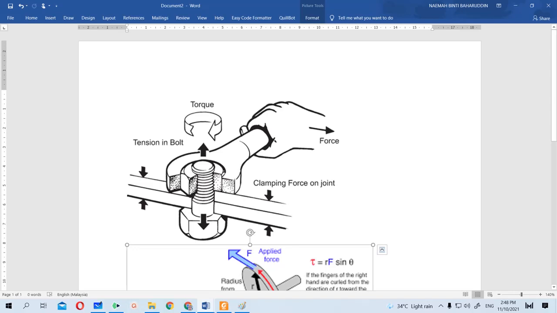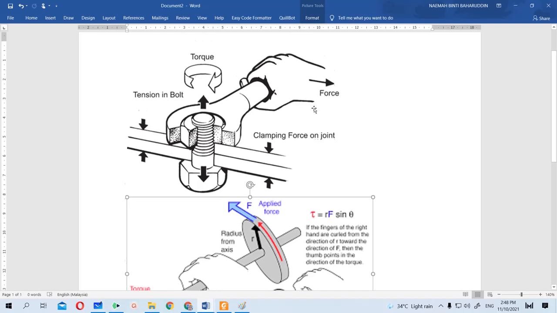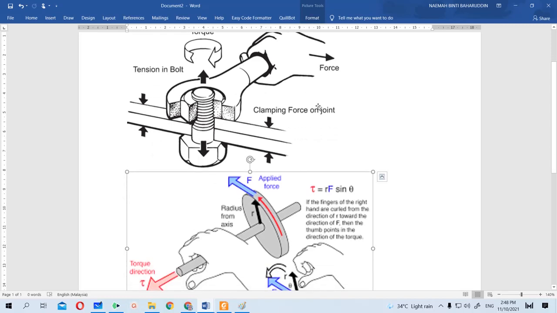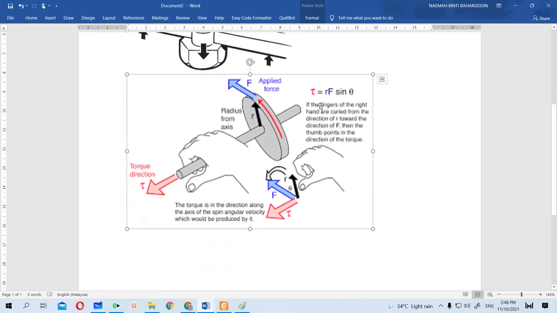Therefore, there is another technique that you can use, by using your hands, to indicate the direction of the torque. How? Look at this figure. Okay. Now, what you need to understand is that the direction of the torque is the direction of your thumb.